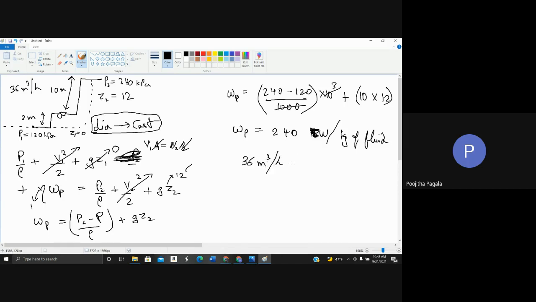So 36 meter cube per hour is nothing but 36 into 10 power 3 kg per hour.